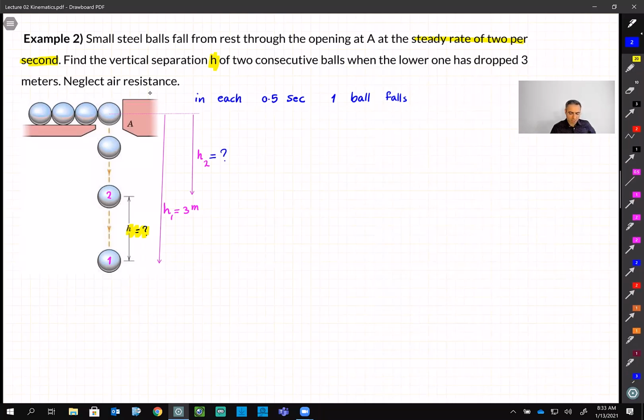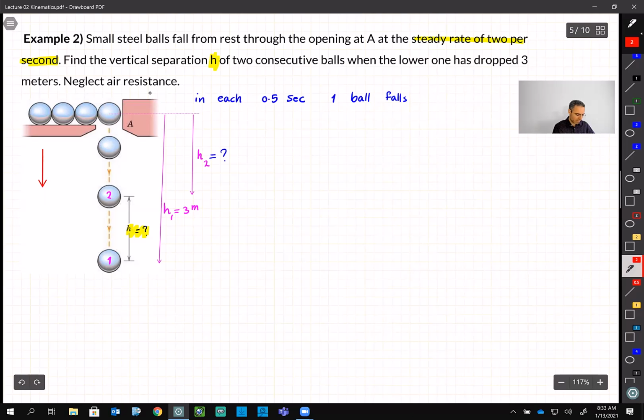So what else do we know about this problem? Is it a constant acceleration? It is. What information do we have? Is the acceleration 9.81? Exactly, that's very good information. So we know this is a constant acceleration, and it is just gravity.